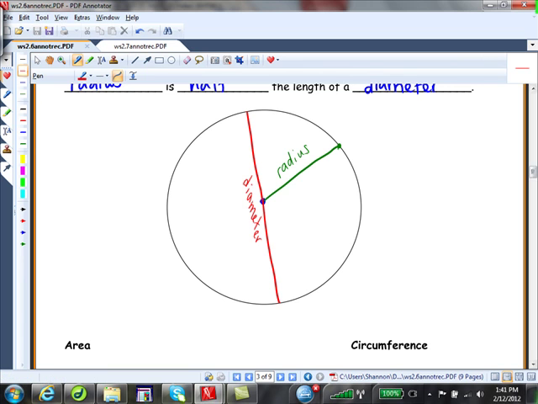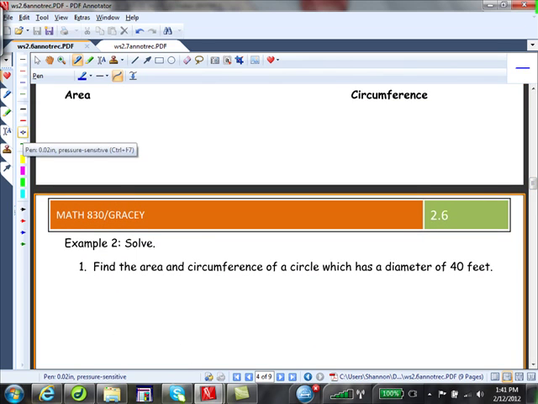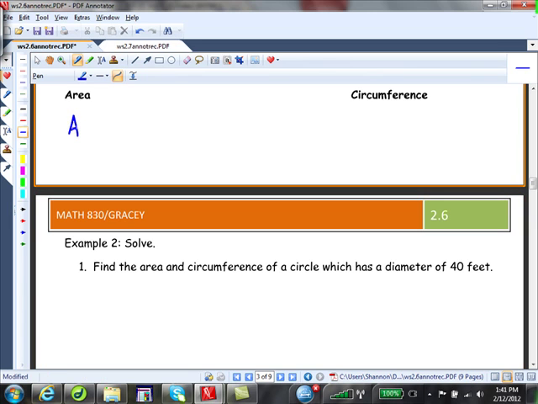Alrighty. So the area of a circle turns out to be pi r squared, in square units, and the circumference of a circle can be written two ways.